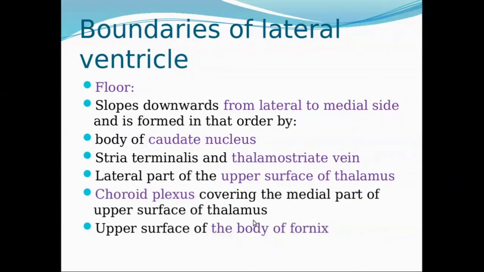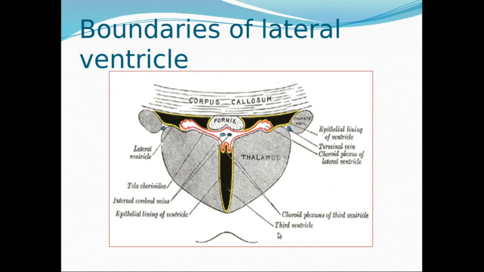Choroid plexus also forms the floor, covering the medial part of the upper surface of the thalamus, and most medially the upper surface of the body of the fornix. They come under the floor. So again we will see this under this diagram. So this is each lateral ventricle. You are seeing this is the lateral ventricle and this is the third ventricle.